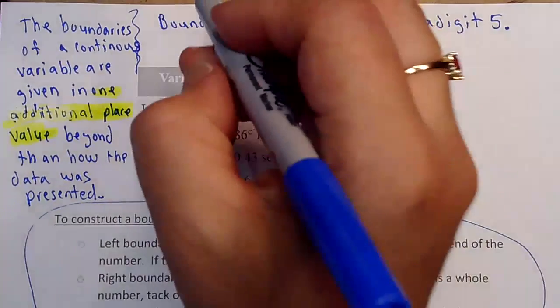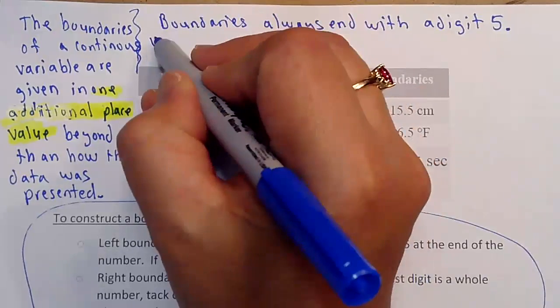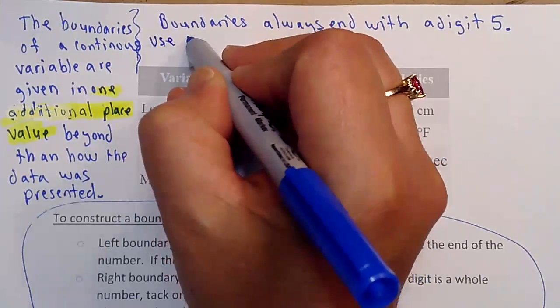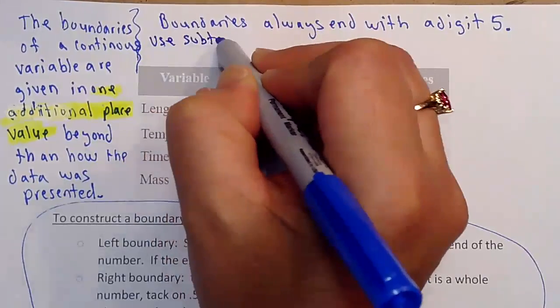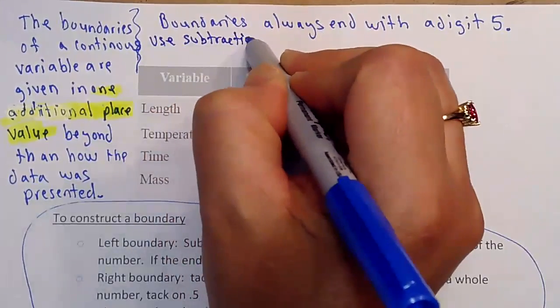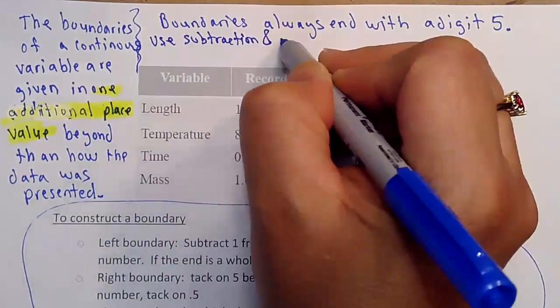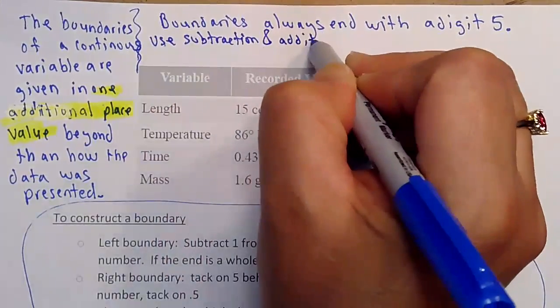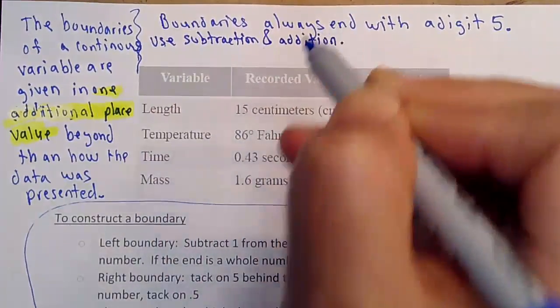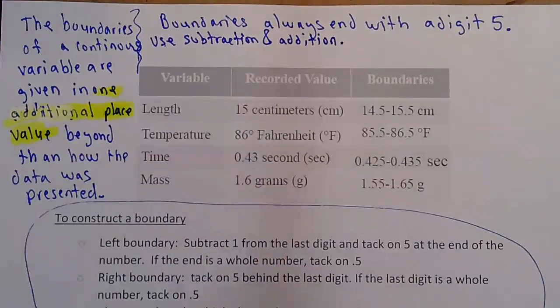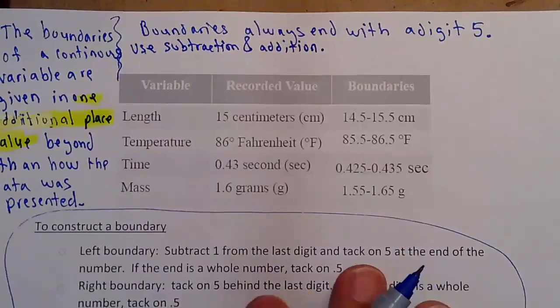And we want to make use of subtraction, and you want to make use of addition on these. And then you're limited to the amount of possibilities that you'll have to subtract and add.